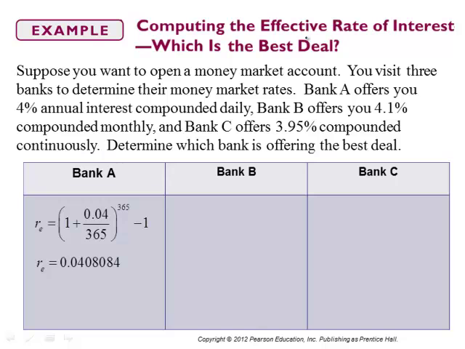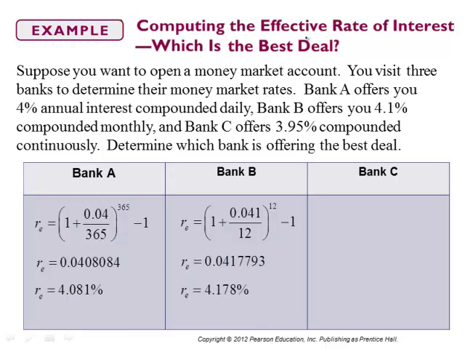But we need to compare that against the effective rates for the other 2 banks. So Bank B, they have monthly compounding with an APR of 4.1%. So there's the calculation for their effective rate. And that works out to be about 4.178%. So it looks like we're going to get a better deal with Bank B.